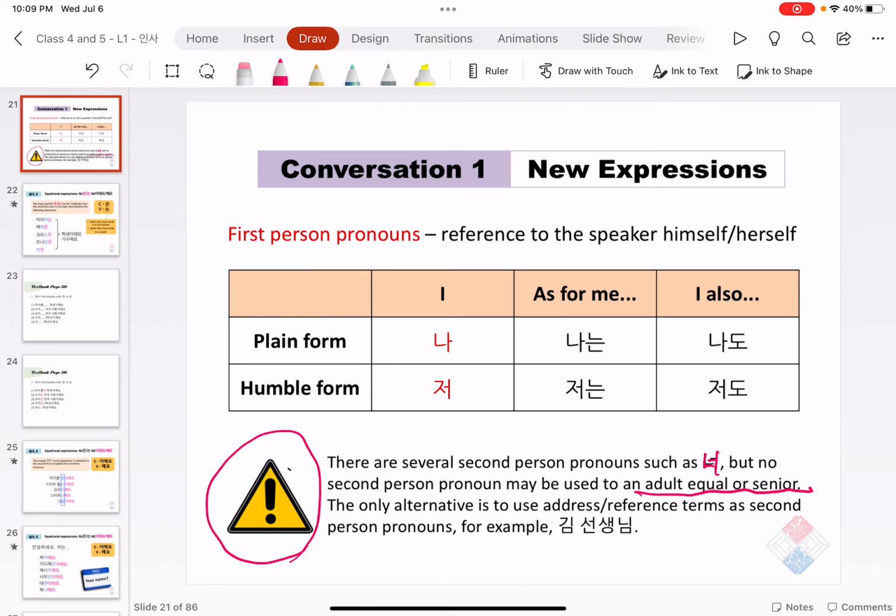So if you were to refer to someone as 너, you, they would actually be quite offended in Korea, especially if they were older, adult, or someone in position of authority. It's a no-no. Big no-no.